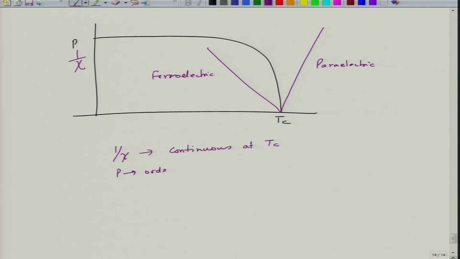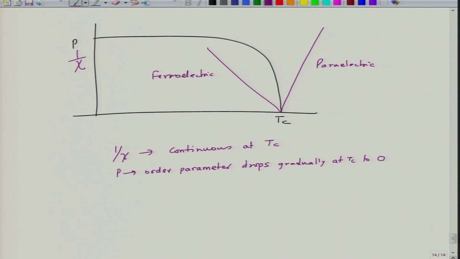Polarization, which is called the order parameter, drops gradually at Tc to 0, and then it is the second derivative of free energy which is discontinuous, but not the first derivative. So in this kind of transition there is no evolution of latent heat, and it is only the second derivative of free energy that is discontinuous. The second derivative of free energy is nothing but your specific heat.